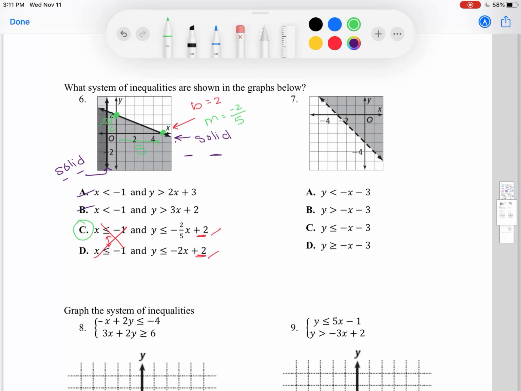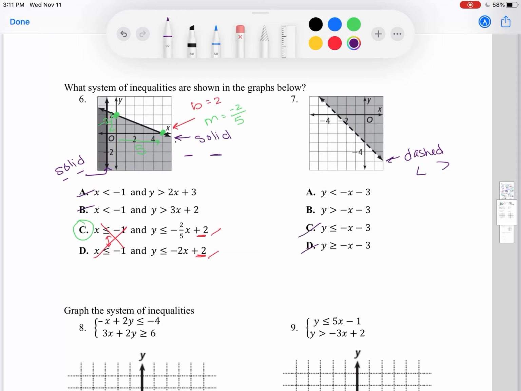So I went down 2, and then I went over 5. So that's going to make my slope be -2 to the right 5. Take a look at our options. Well, the only slope that says -2 over 5 is going to be option C. And there you have it.